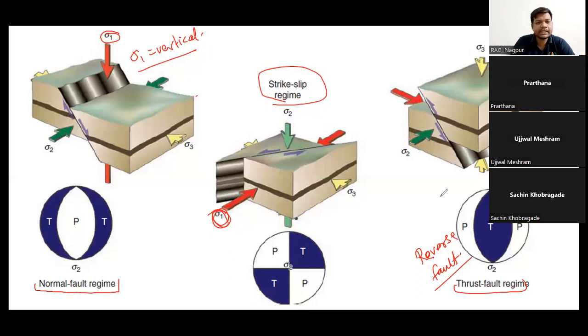Got this? So this is Anderson's classification. According to it, we have three types of faults: normal fault, reverse or thrust fault, and strike slip fault.